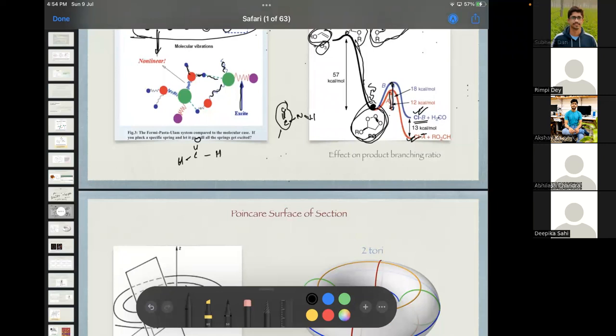So if I now imagine that I can systematically dump a certain amount of energy into this CH mode, and if I can control the energy transfer dynamics, if I can control the energy transfer from CH mode to CO mode, then CH mode to another CH mode, let's imagine that I can control that. I have all the power to control the energy transfer dynamics. Then I can control the chemical reaction itself, right?